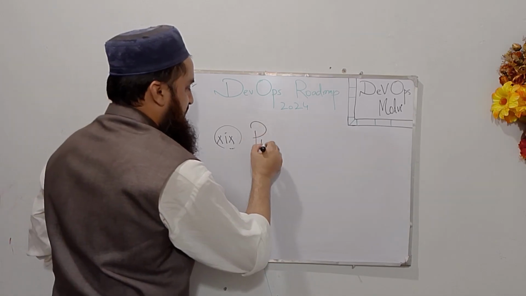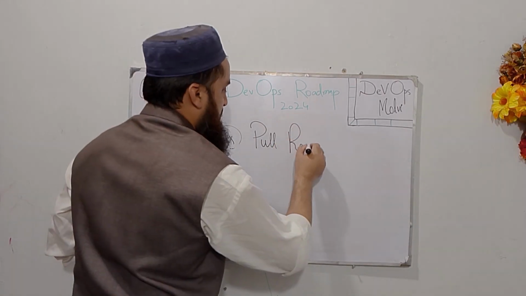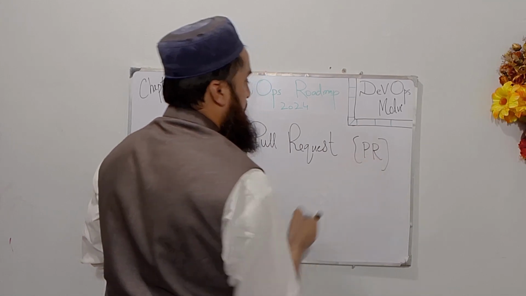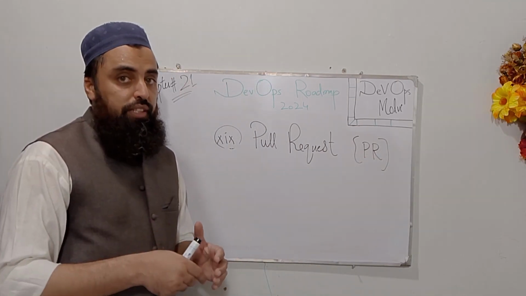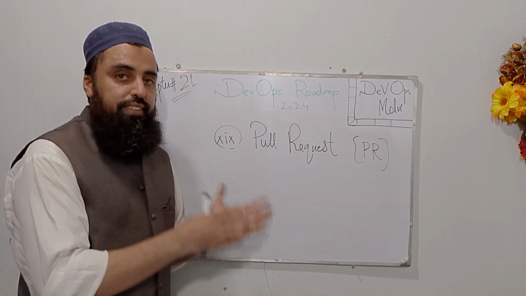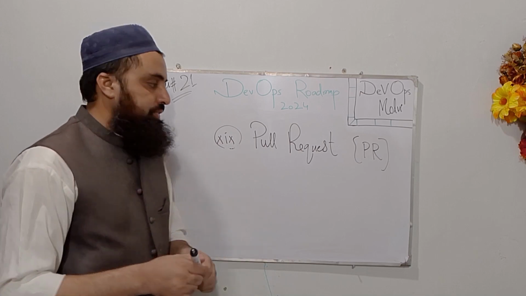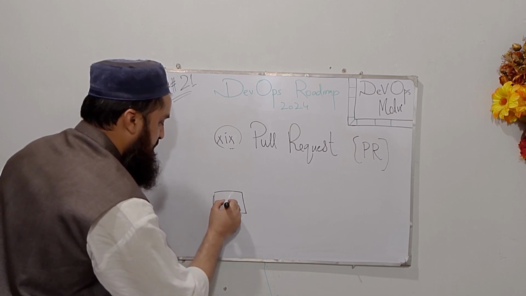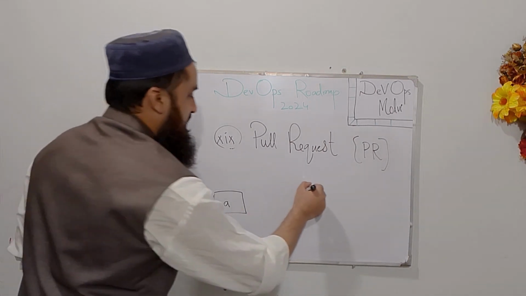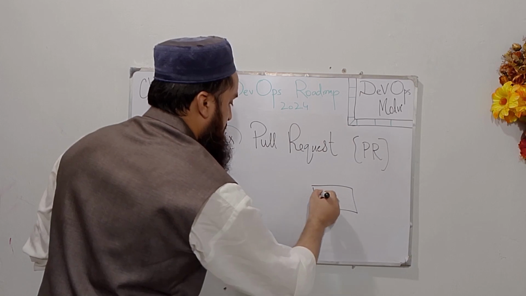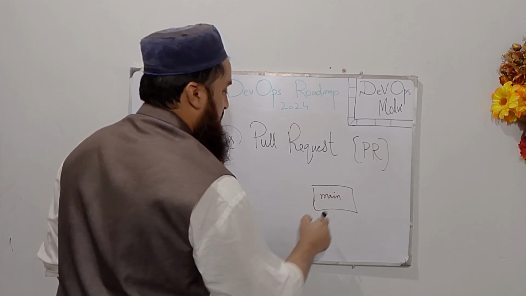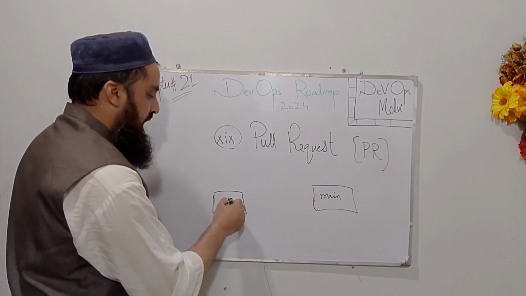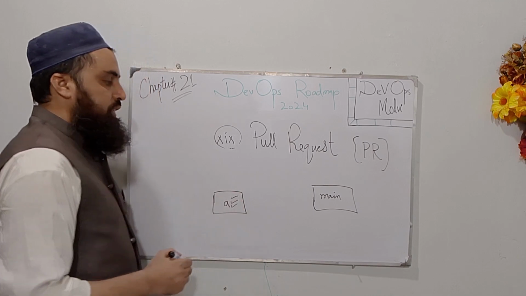Okay guys, the 19th term is pull request, or commonly known as PR, generate a PR. A pull request is a request to merge the changes from one branch to another branch. For instance, if I have been working on a project and this is my branch A, and this is my main branch, which is our primary branch, and my changes are done, I have tested the code and everything is verified.